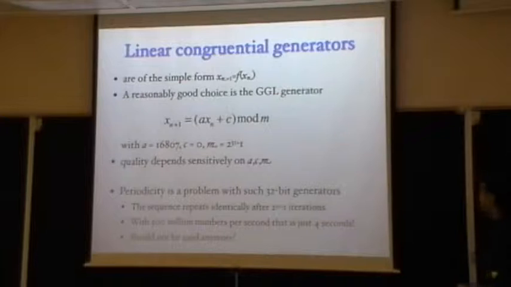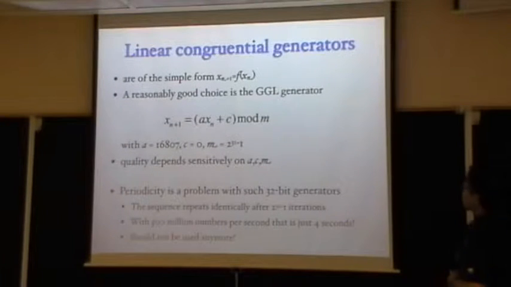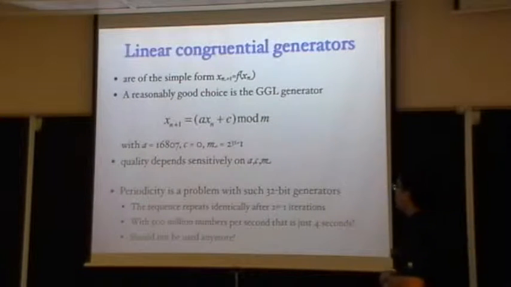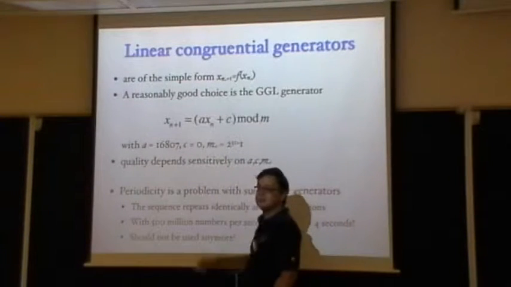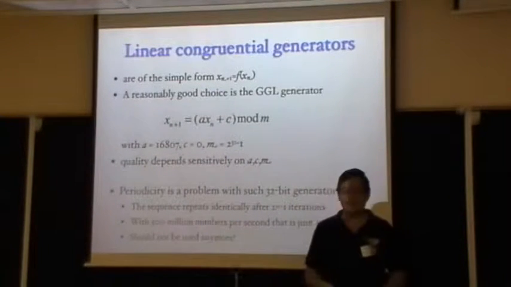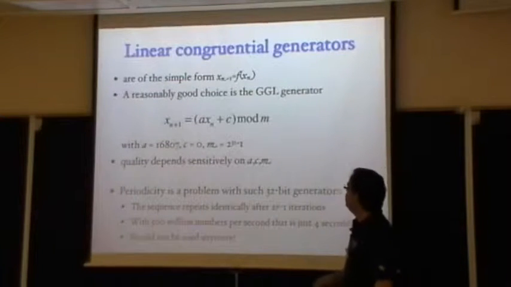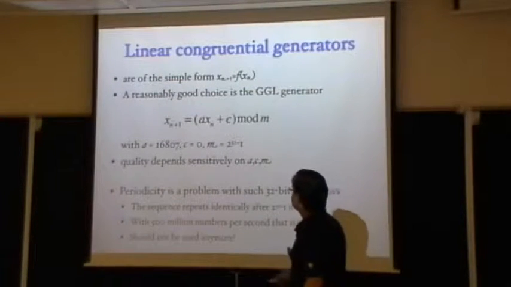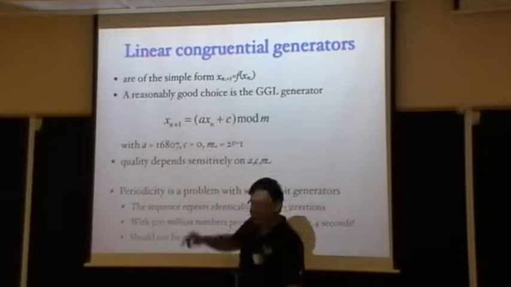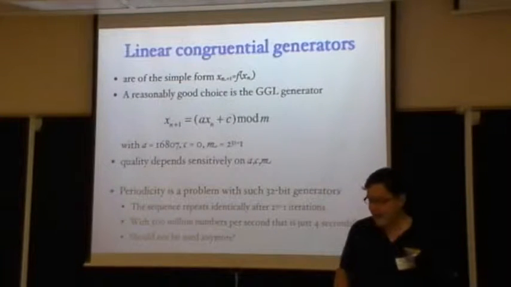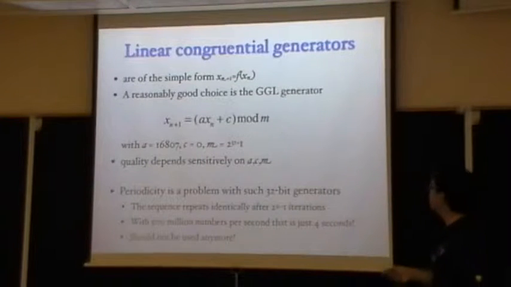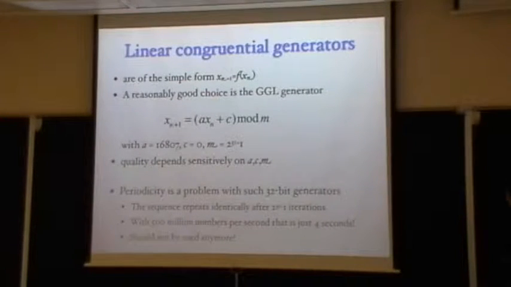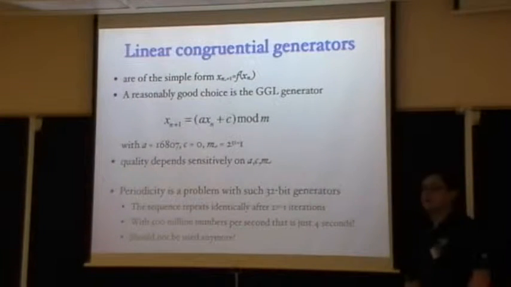What did one use in the past? The simplest was the linear congruential one. We take a number x_n, some random seed that we start from, like 1, for example. We multiply it with a constant, add a constant, and take it modulo a prime number, the word size, and then we get our new random number.